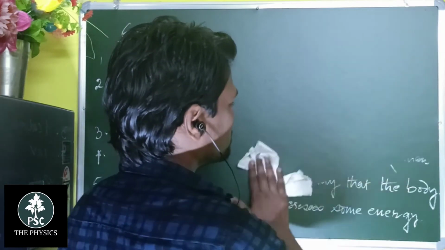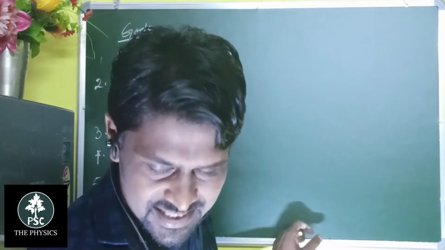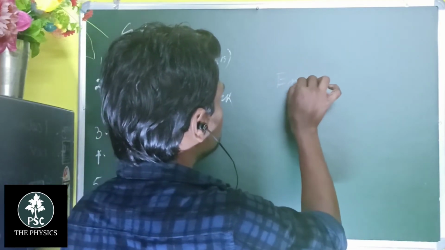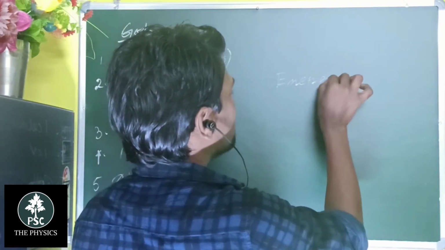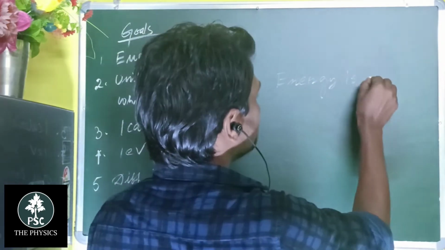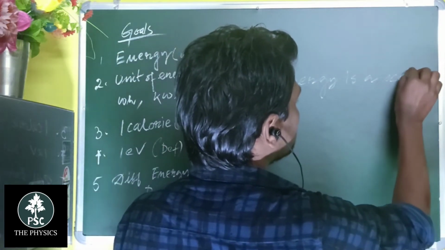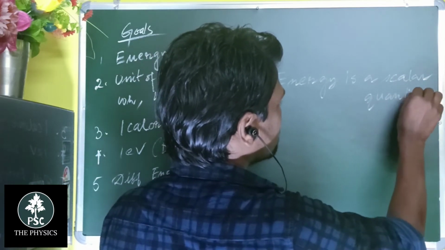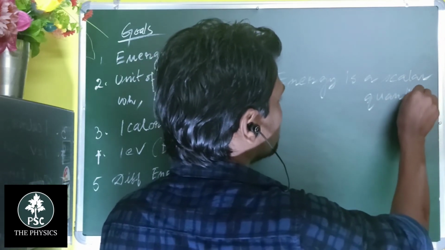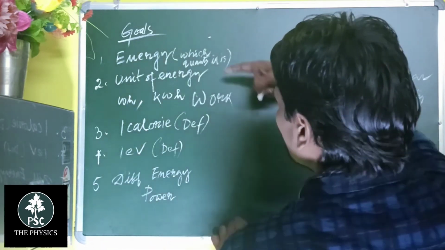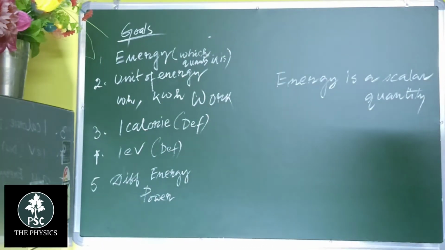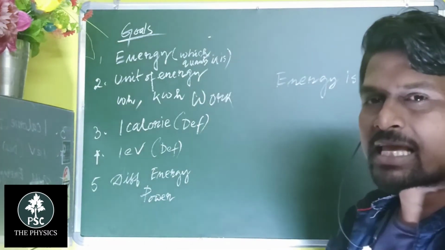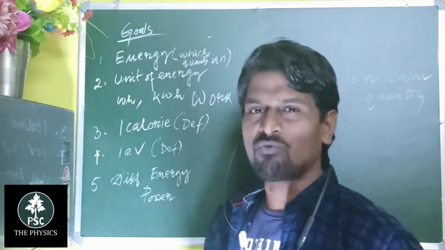So energy possesses only magnitude, so we can say that this is a scalar quantity. Energy is a scalar quantity. What is energy? It is the capability, it is the capacity to do work.